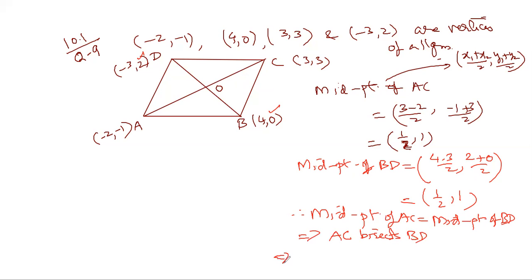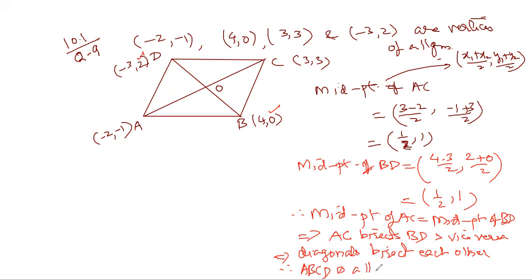That means the diagonals bisect each other. Therefore, it is a parallelogram. Therefore, ABCD is a parallelogram.